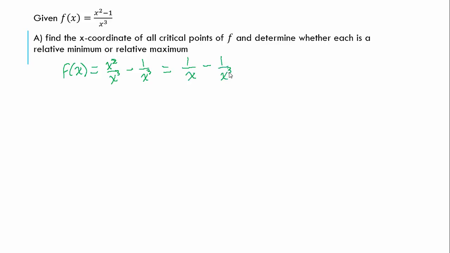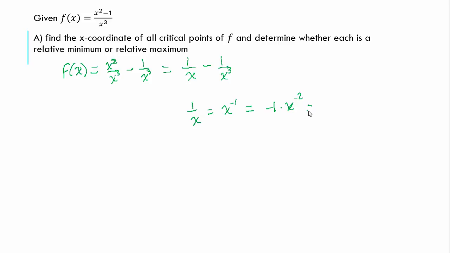And the reason this is so great is now I don't have to use the quotient rule, where before I would have had to use the quotient rule of this. So when I take the derivative here, well, I'm going to show you a little trick. When we want to take the derivative of 1 over x, well, 1 over x is equal to x to the negative 1, and then we take the derivative of that, we're going to have negative 1 times x to the negative 2.